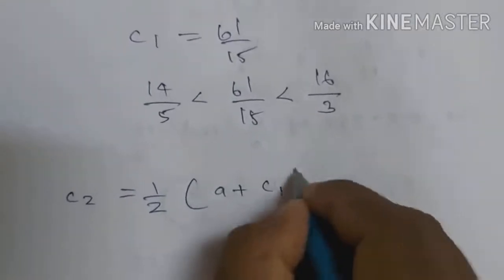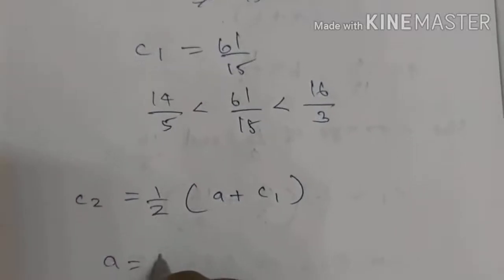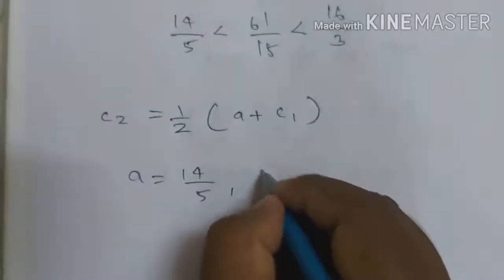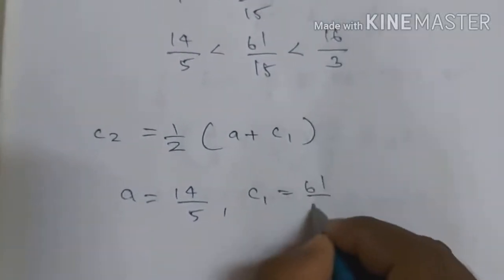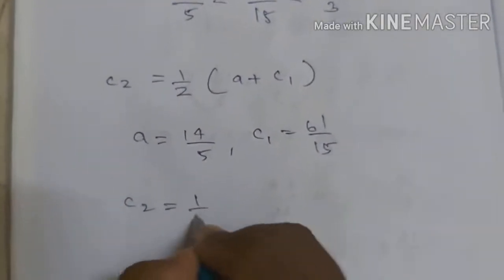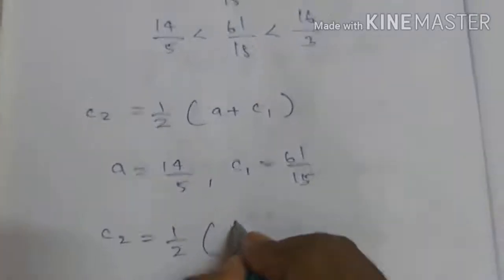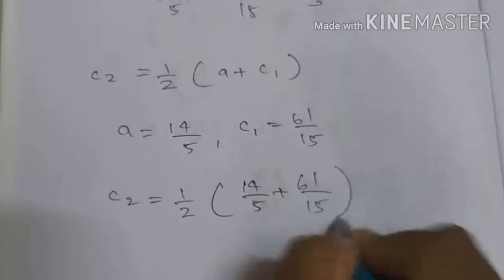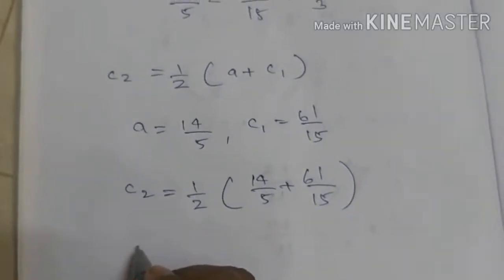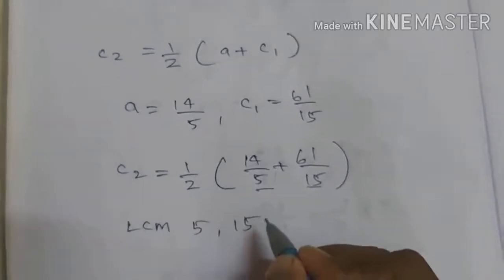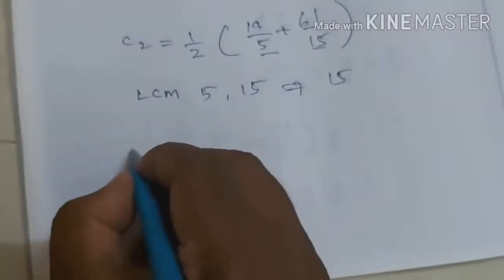Next we calculate the C2 value. C2 equals 1/2 (A plus C1), where A equals 14/5 and C1 equals 61/15. C2 equals 1/2 bracket 14/5 plus 61/15. The denominators are different, so take the LCM of 5 and 15, which is 15.